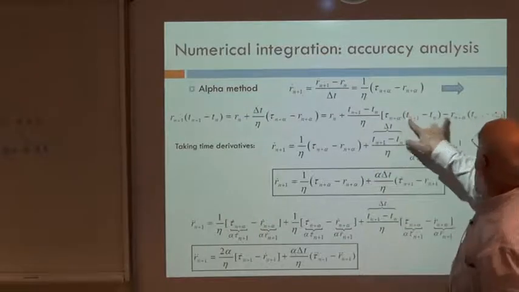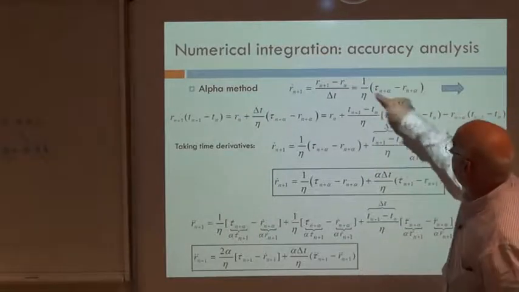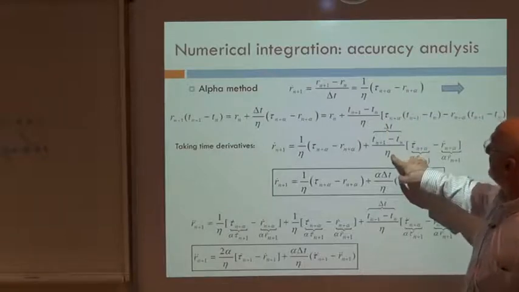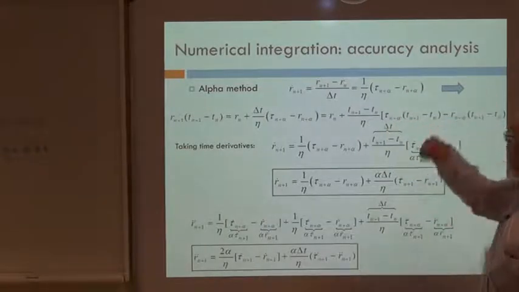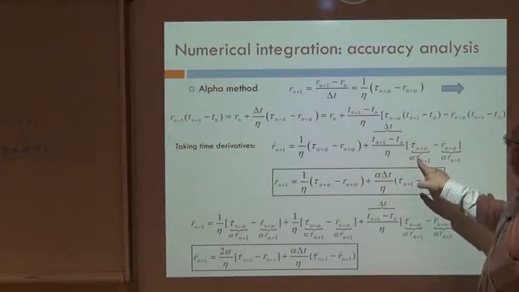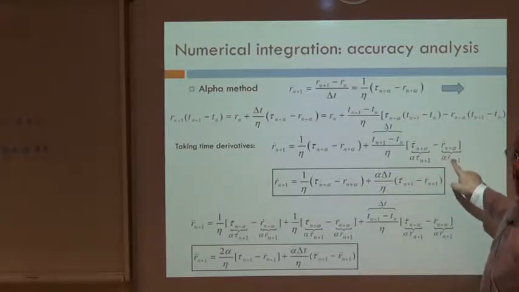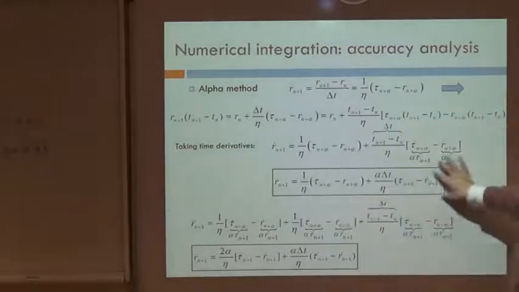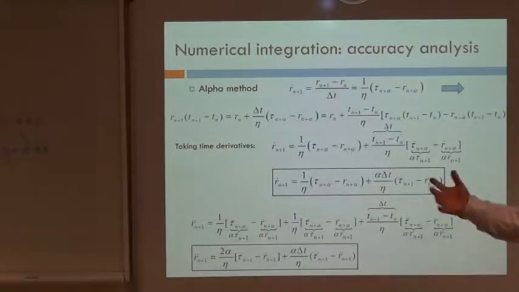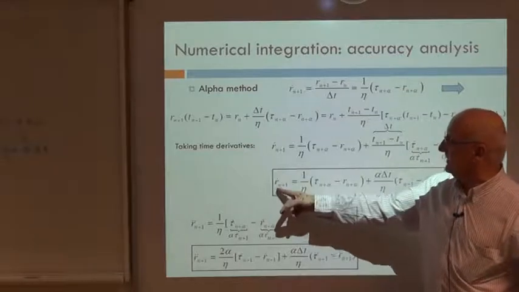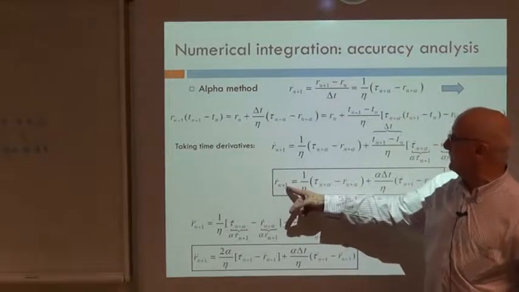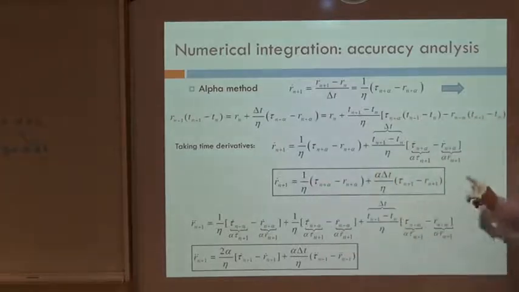Plus differentiation with respect to this time, with this term, Tn plus 1 minus Tn divided by eta, times tau dot minus R dot, which I have proven is alpha times tau dot and alpha R dot. So finally, I can obtain with this derivation the time derivative of R with respect to T at n plus 1 in this way.